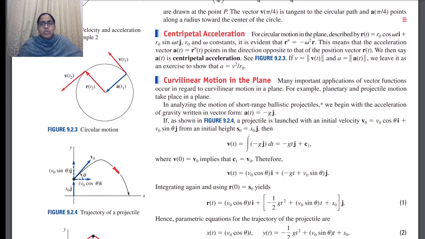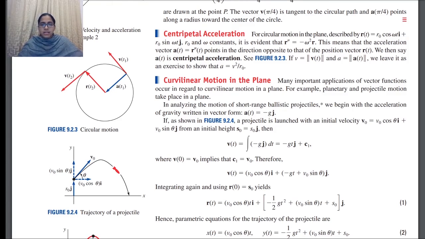Now for circular motion in the plane described by the vector function r of t is equal to r naught cos omega t i plus r naught sin omega t j, where r naught and omega are constants, we can see that the second derivative, that is r double dash, will be minus omega square r.